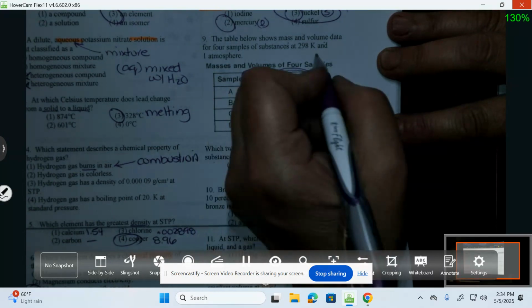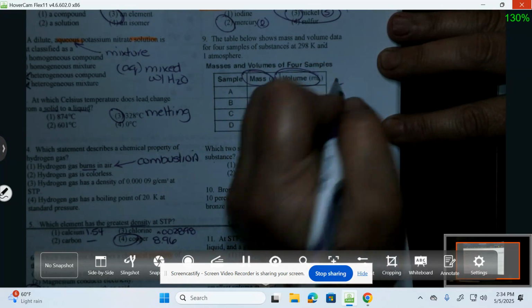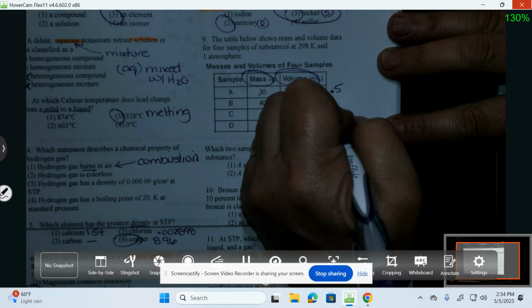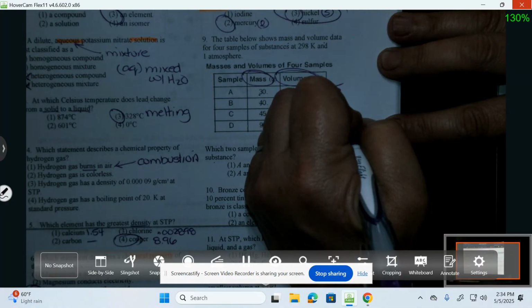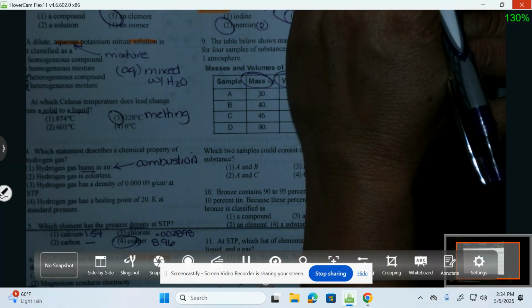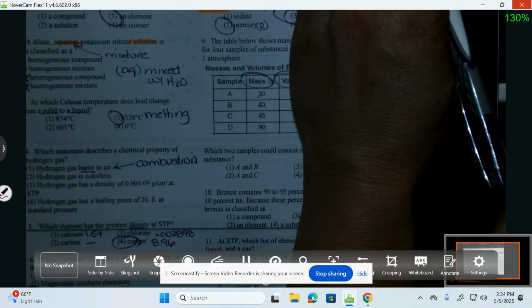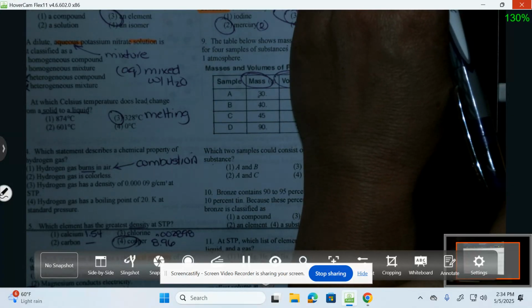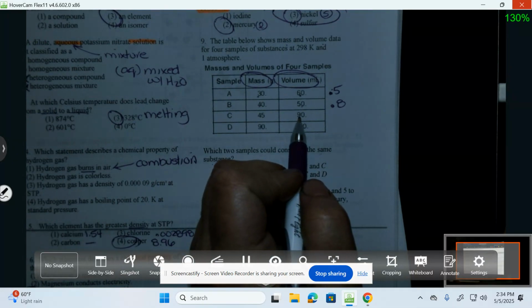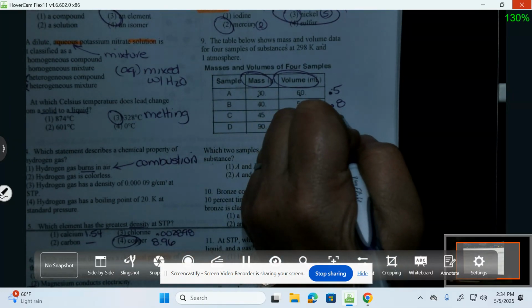30 divided by 60 is 0.5. 40 divided by 50 is what? 0.8. Okay. 45 divided by 90, 0.5.